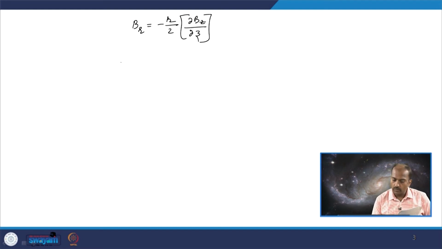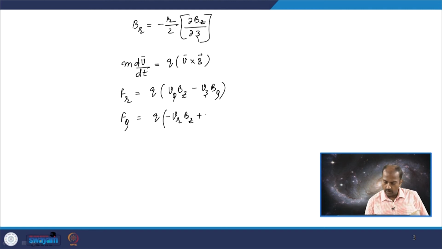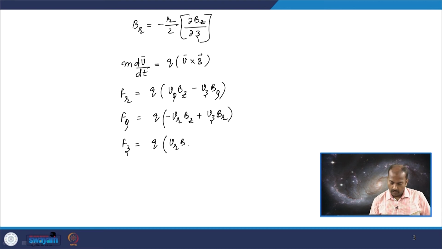So, in continuation, m dV by dt is simply Q times V cross B. So, in cylindrical coordinates, Fr is Q times V phi Bz minus Vz B phi, F phi is Q times Vr Bz plus Vz Br, and Fz is equal to Q times Vr B phi minus V phi Br.